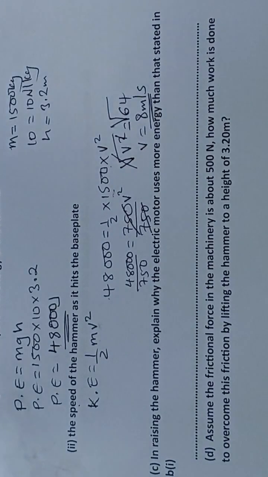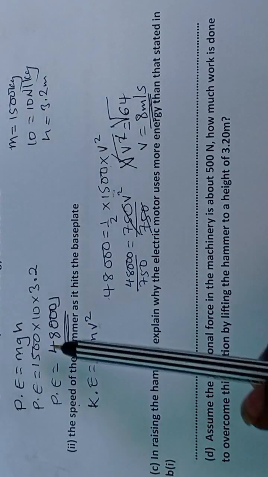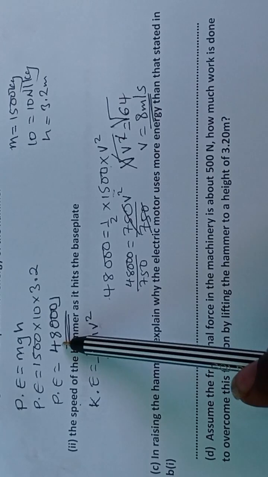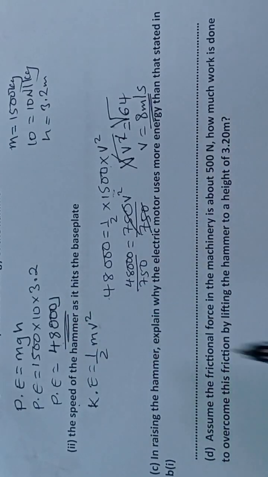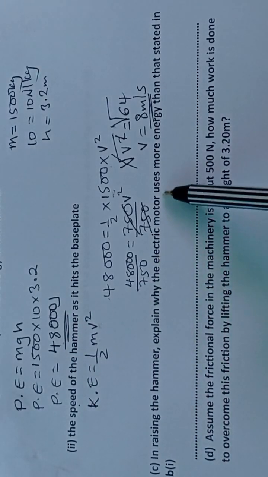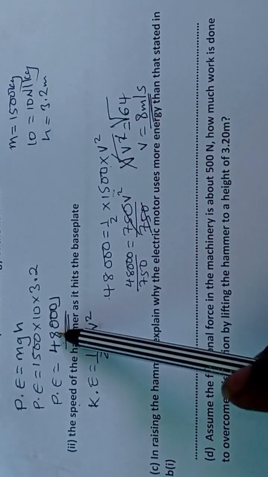Part C, in raising the hammer, explain why the electric motor uses more energy than that in B1. What is in B1 is 48,000 joules. Now here they are saying explain why the electric motor uses more energy than this one.